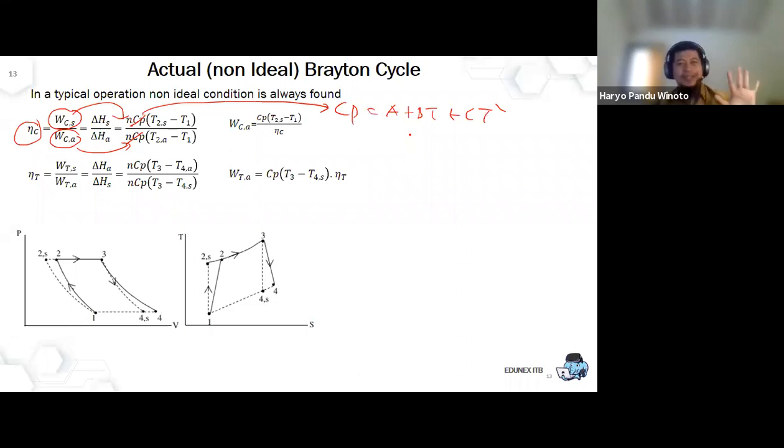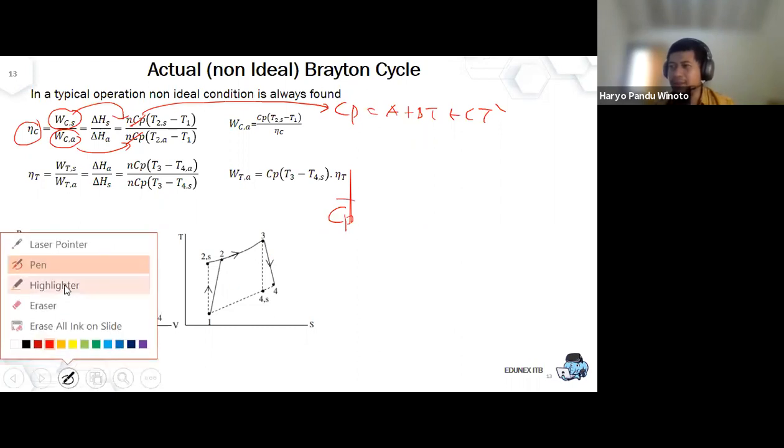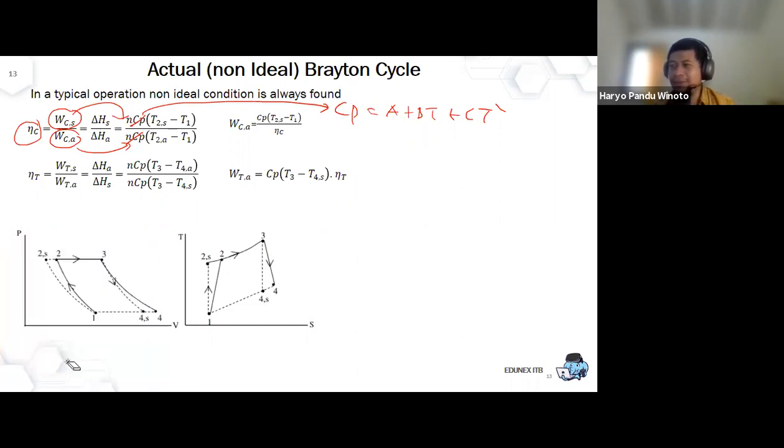But let me give you the tips. When you are working with a gas turbine, always calculate the Cp average. Why is it like this? Average Cp, maybe you still remember this one: the integral of Cp dT over delta T. Always use this one.